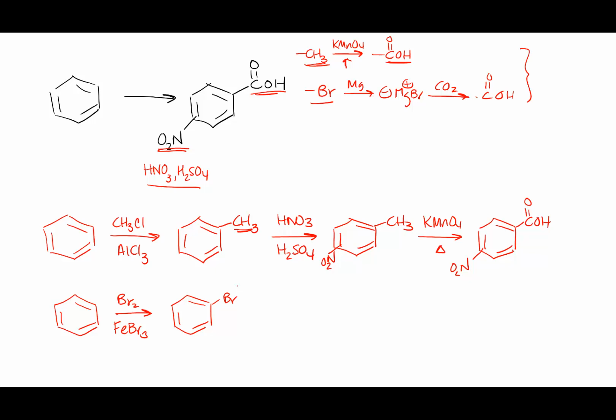Now the bromine is ortho-para-directing, so now would be a great time to put the nitro group on, because the bromine will direct the nitro group to its para position. Then let's go ahead and add the magnesium to it to make the Grignard.